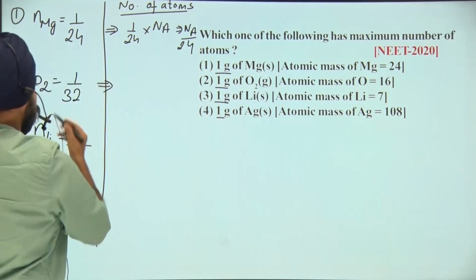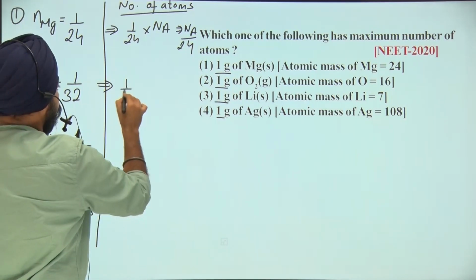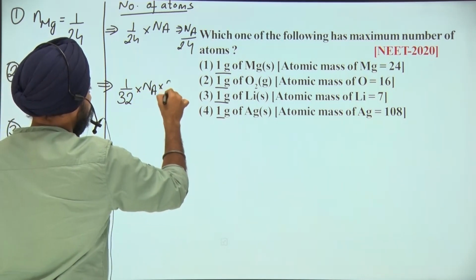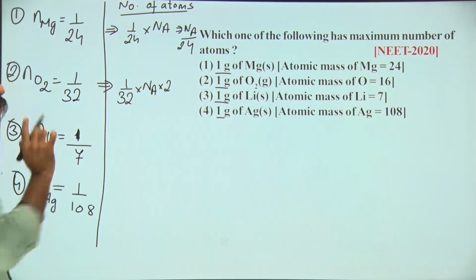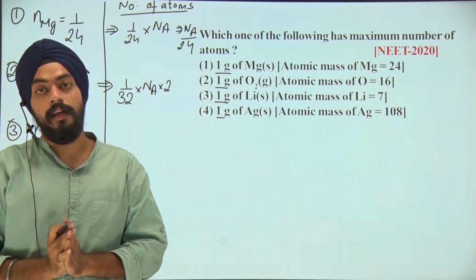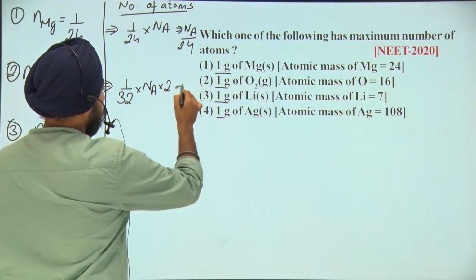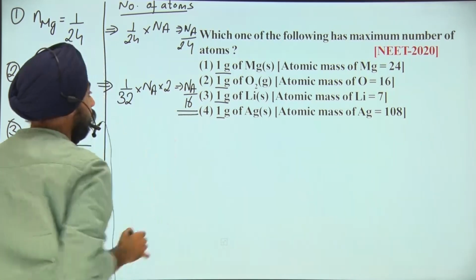In this particular case, students, O2 is a molecule and not an atom. So this will be 1 by 32 into Na into 2, because in an O2 molecule we have 2 atoms of oxygen. So this will be Na by 16.